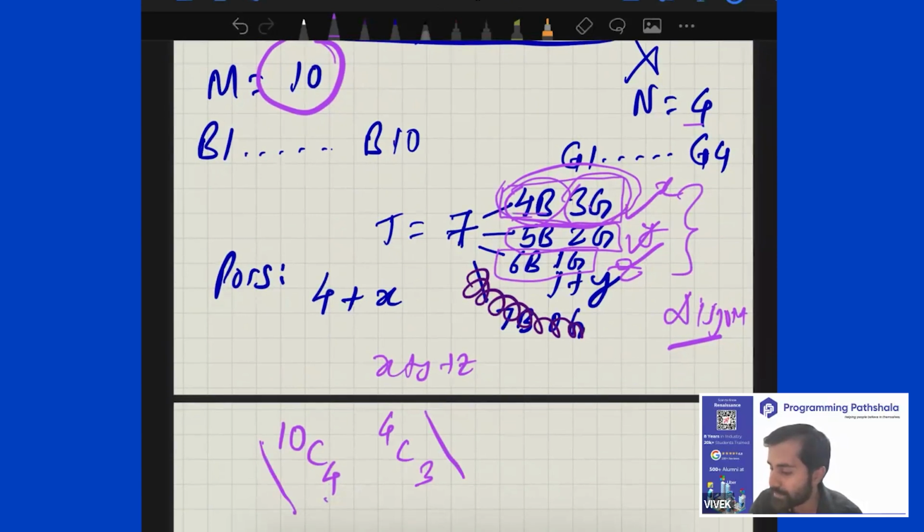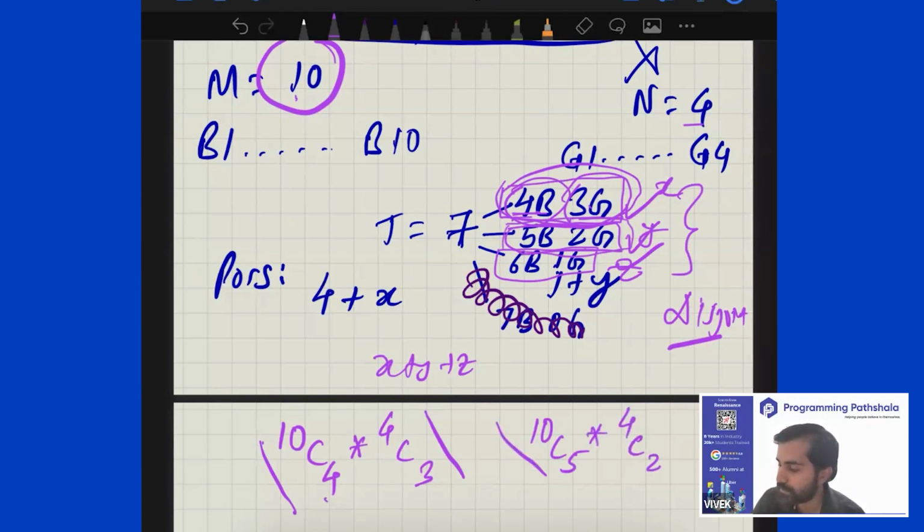And now it's a compound action, this and that. So the total number of choices will be this multiplied by that. Similarly, for this category, if I have to pick 5 boys, then the total number of ways is 10C5. And if I have to pick 2 girls, there are 4C2 choices, and the rule of product.